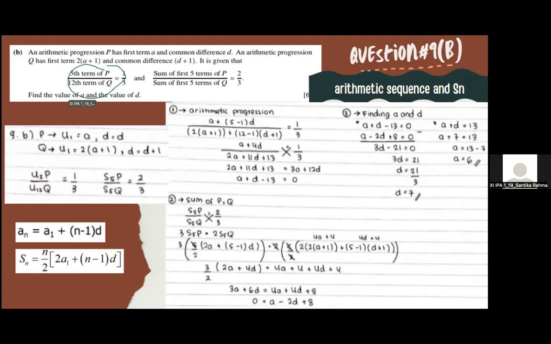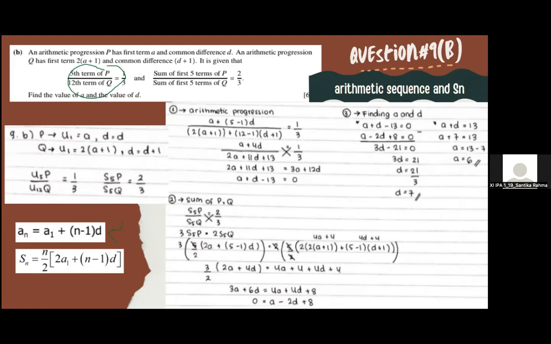Because this is an arithmetic progression, we use the arithmetic progression formula, which is a_n equals a plus n minus 1 times d.